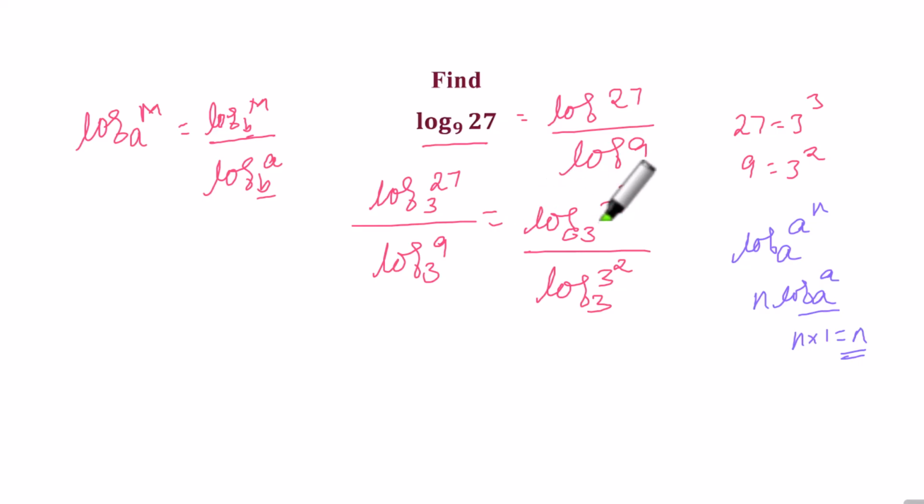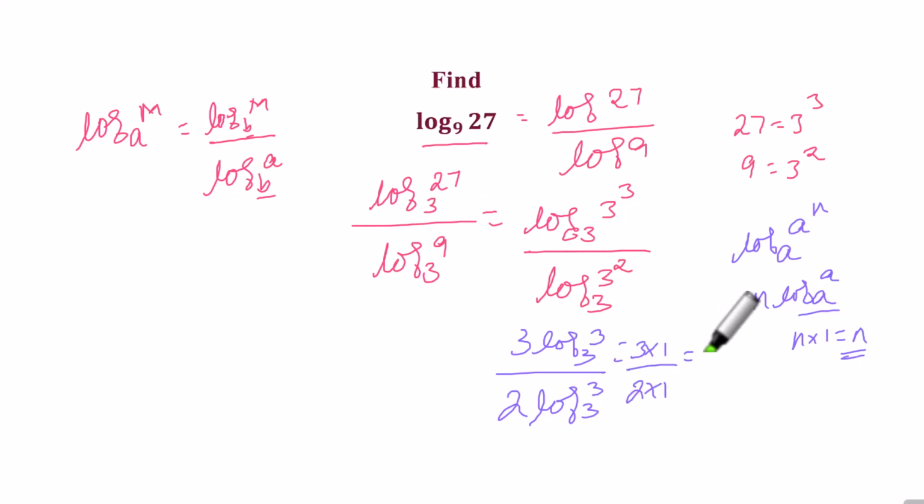So this becomes 3 logarithm of 3 in base 3 over 2 logarithm of 3 in base 3. This becomes 1, so it becomes 3 times 1 over 2 times 1, which is 3 over 2. So the logarithm of this one is 3 over 2. You can check using your calculator.